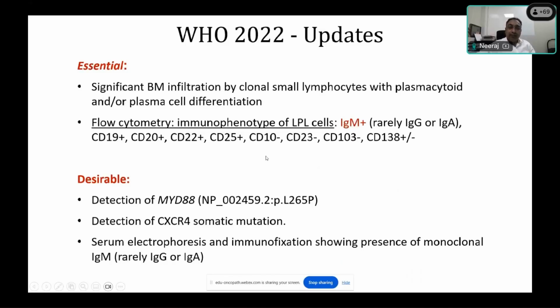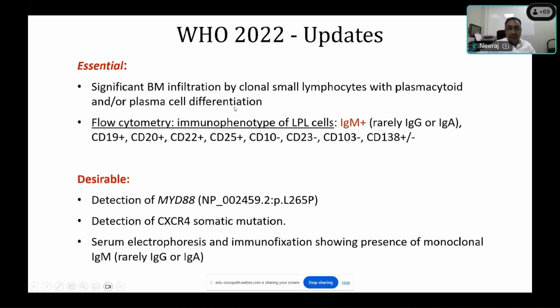On flow cytometry, these cells are typically IgM positive, CD19, 20, 22, 25, and they are negative for CD10, 23, 103. They can be heterogeneously positive for CD138. And then there are markers, as I mentioned, MYD88 and CXCR4, and IgM.